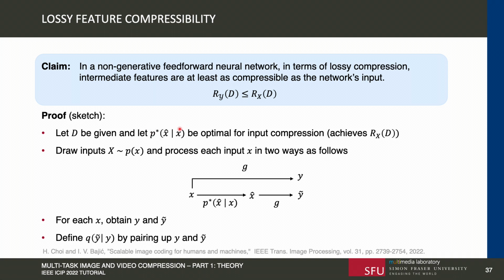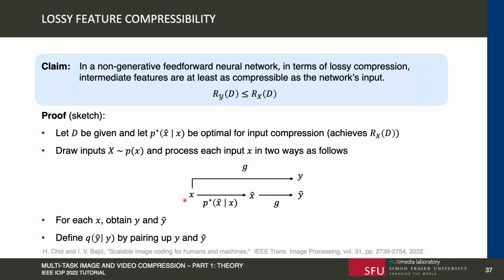So once we pick P star, then we perform the following thought experiment. We draw inputs according to the input distribution P of x, and for each input x, we process it in two ways. First, we map the input x through that portion of the network that maps input to the features. So that's what we call G. So x creates y, right?